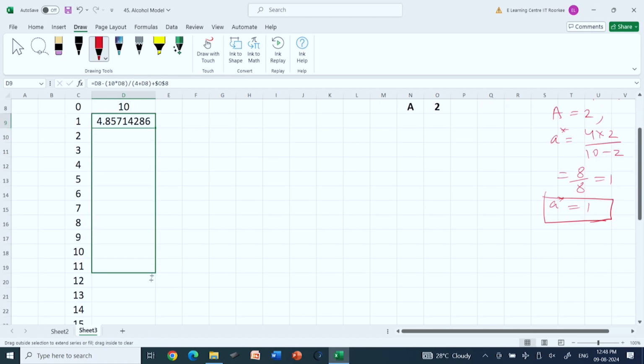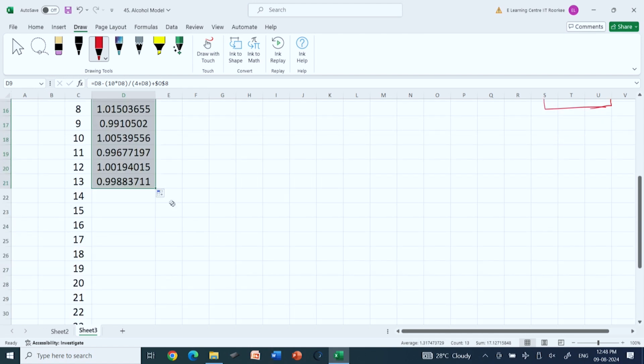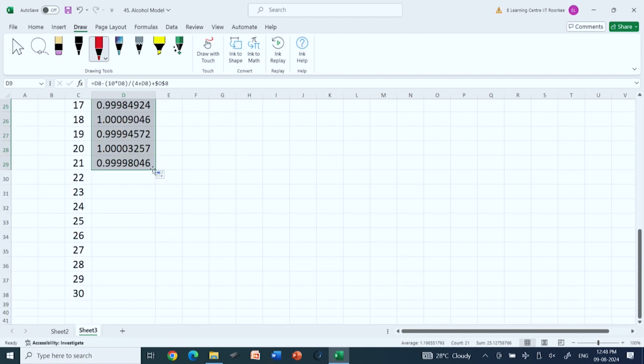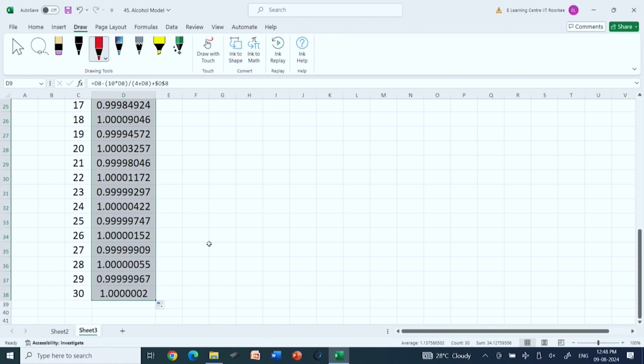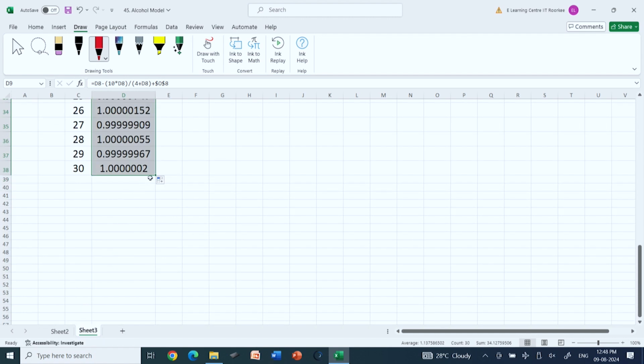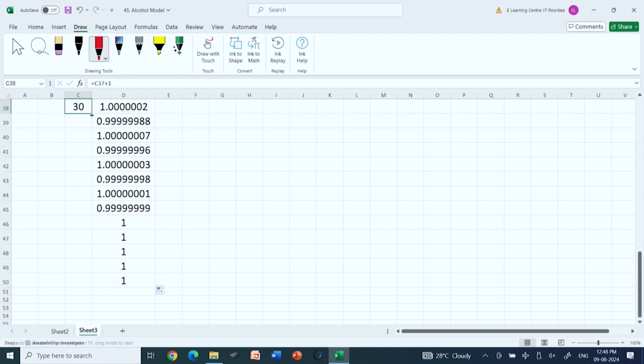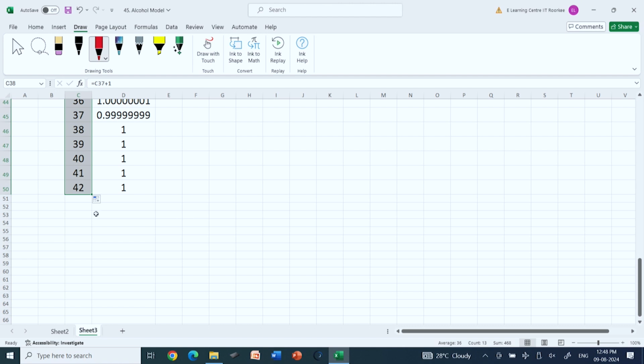So I put the dollar sign and you calculate this value. I drag it a little more because I already know the value will be 1. Let me drag this also a little bit. Let us make it 50.